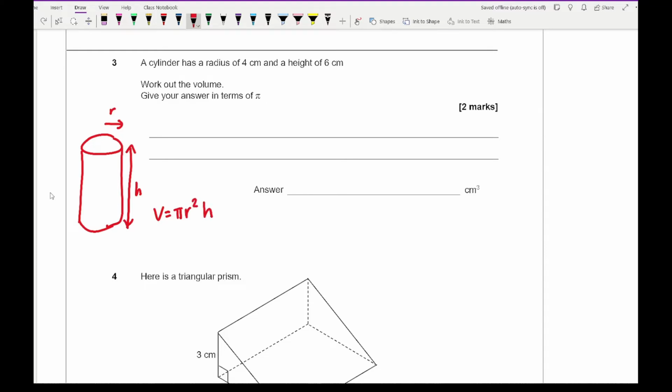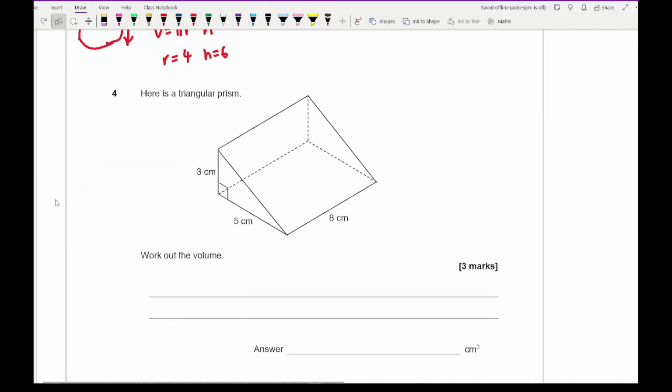So all I need to do is substitute r equals 4 and h equals 6. So the volume is pi multiplied by 4 squared multiplied by 6. So V equals pi times 16 times 6, and 16 times 6 gives me 96. So the answer is 96 pi.